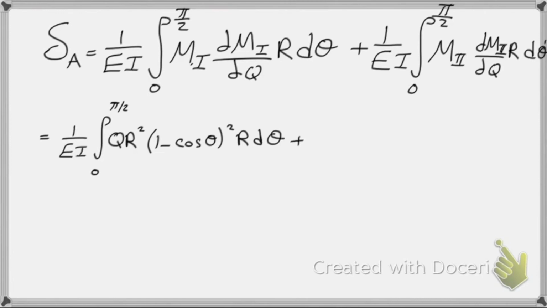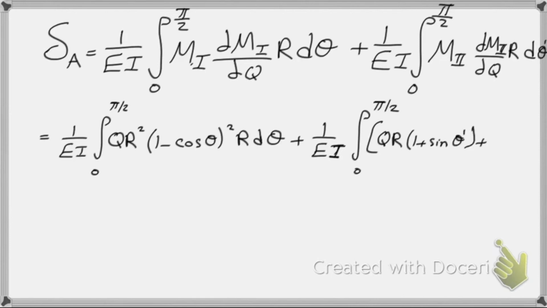This is the first section cut, AB, plus 1 over EI, the integral from 0 to pi over 2, of QR(1 plus sine theta prime) plus PR sine theta prime, times R(1 plus sine theta prime) R d theta prime.